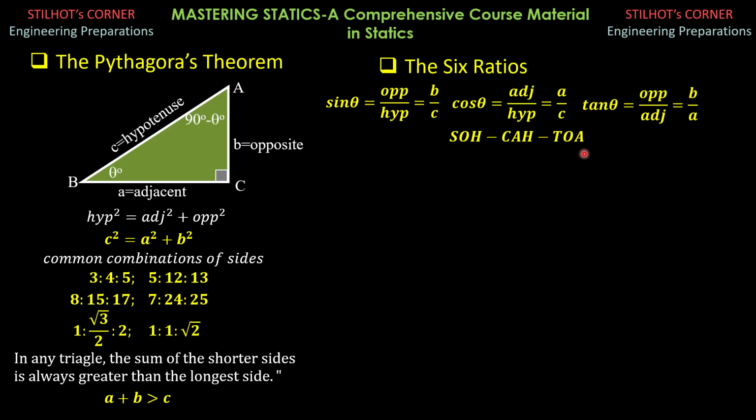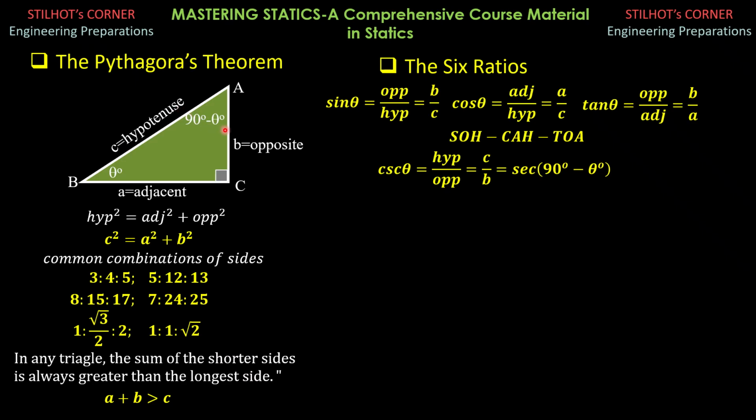Then we have cosecant. Cosecant theta is hypotenuse over opposite. So it is the reciprocal of sine theta. And that is C over B. And it is also secant of 90 degrees minus theta, or the complement of cosecant therefore is secant.